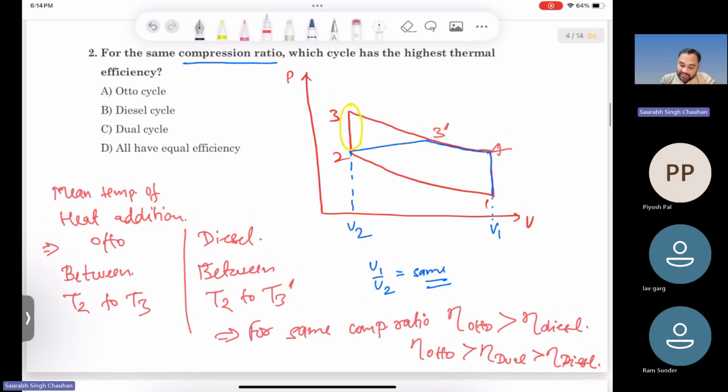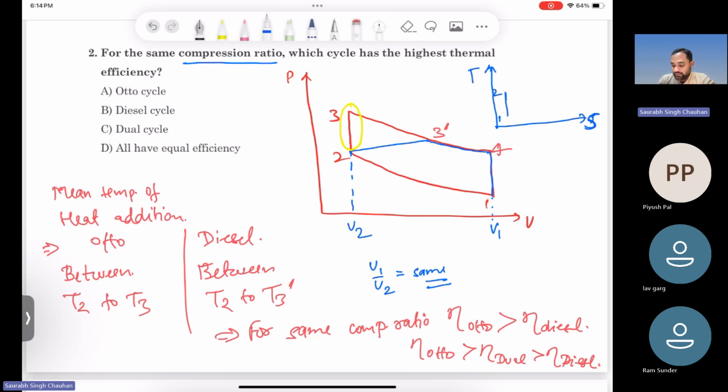The other way is using the TS diagram. If you make the TS diagram, then 1 to 2 is an isentropic process.